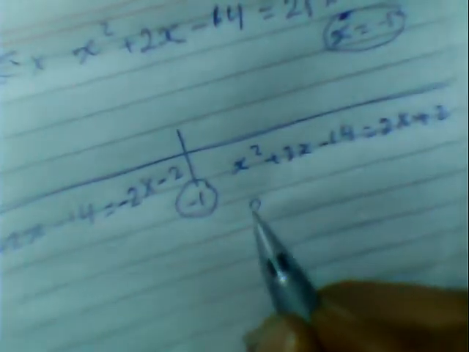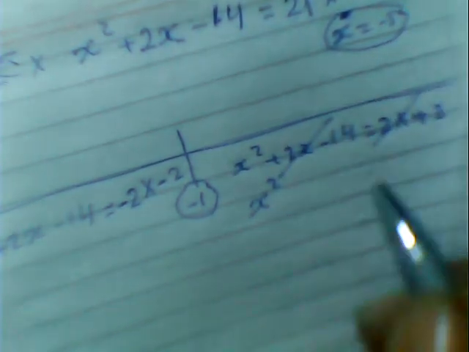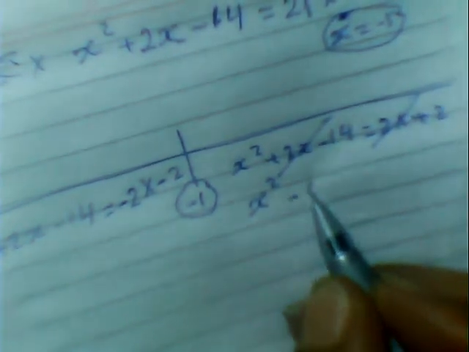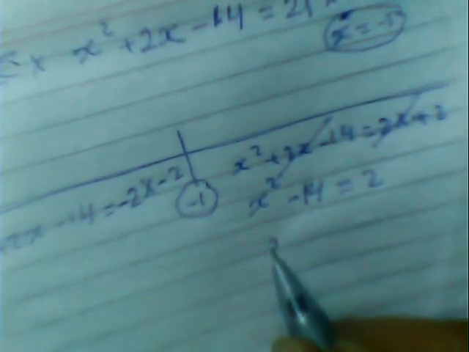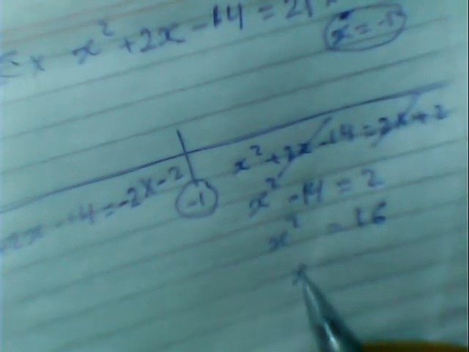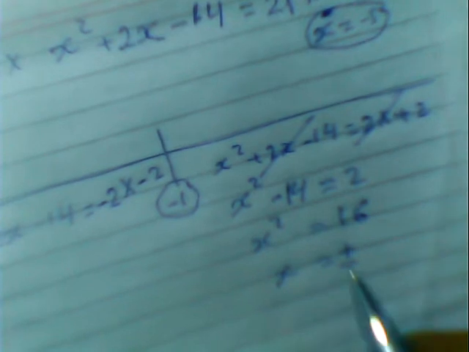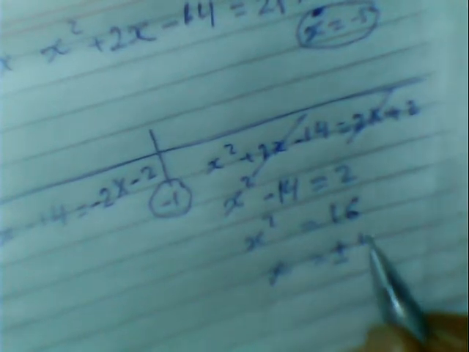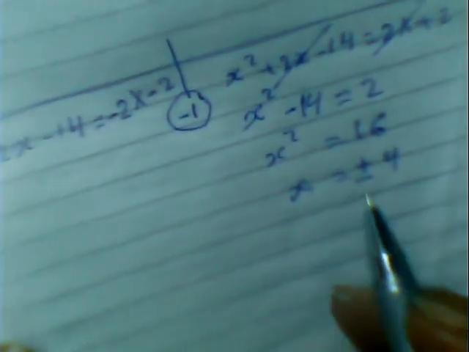Then x square plus 2x minus 2x minus 14 equal 2, then x square equal 16, then x equal plus or minus 4. But x here has two values, positive and negative.